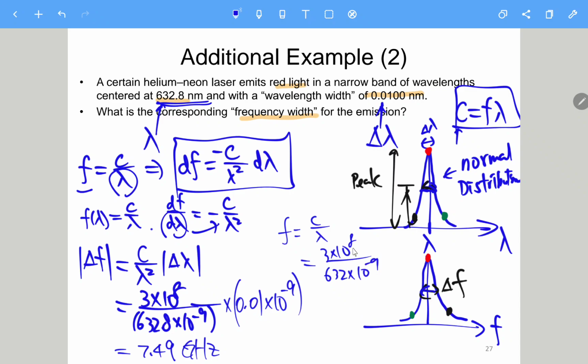So you can see this is around 10 to the 15th power hertz. Okay, so this is around 6 orders higher, or at least 5 orders higher than that one.